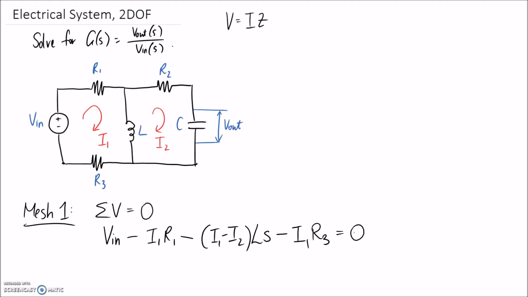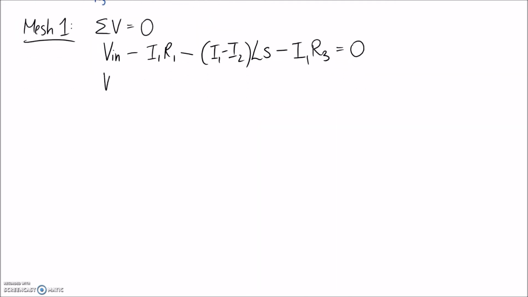So what I'm going to do is try and rearrange this equation to make it nice when I have to go through and solve these equations simultaneously that I'm going to develop. So for that, I'm going to leave V in on the left-hand side, and I'm going to shift all these to the right-hand side. Sorry, this should be plus. And I might expand this at the same time.